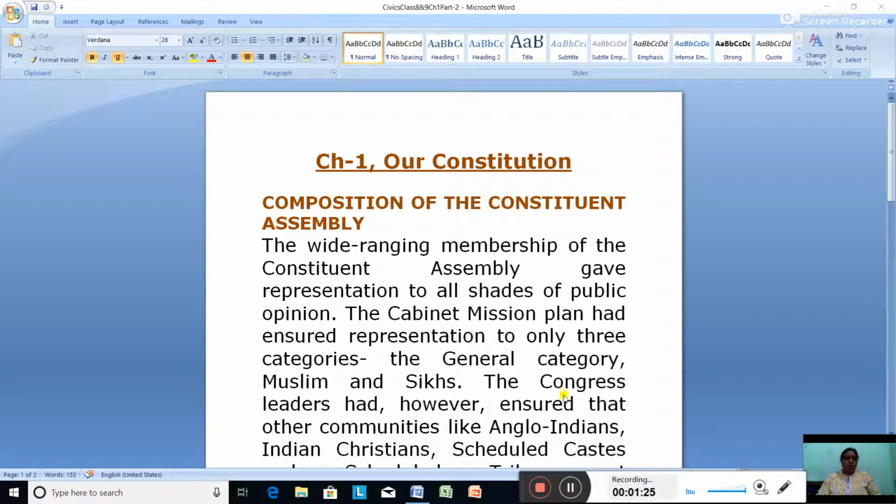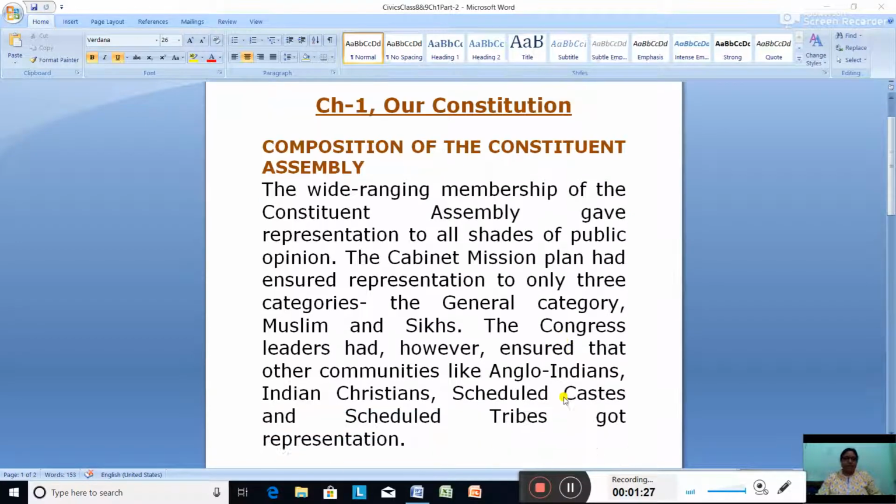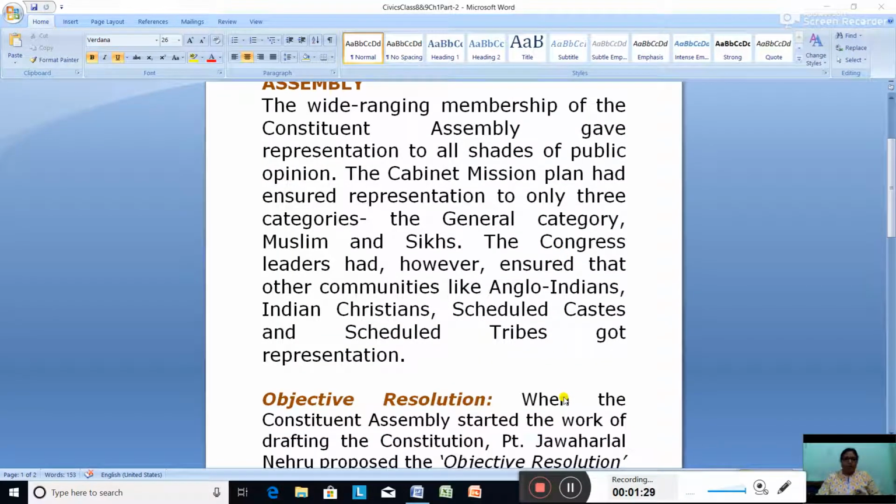But the Congress leaders made sure that the other communities like Anglo-Indians, Indian Christians, scheduled castes and scheduled tribes also get representation in the Constituent Assembly.